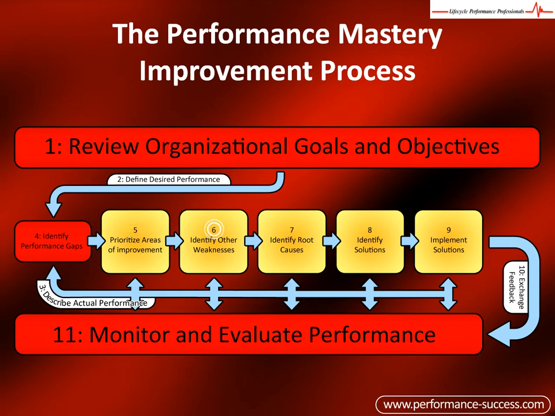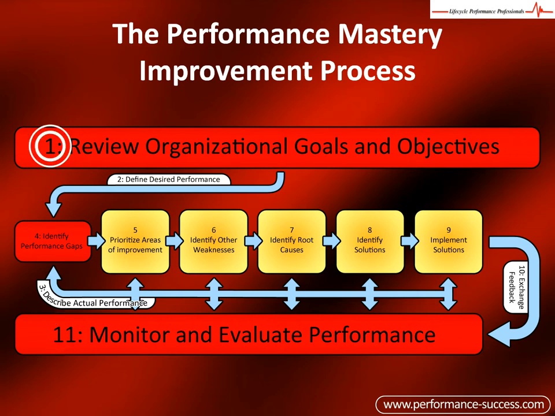Identify other weaknesses. Step 7. Identify root causes. Step 8. Identify solutions. Step 9. Implement solutions. Step 10. Exchange feedback. And step 11, monitor and evaluate performance. Now let's take a look at each of these steps a little more closely.